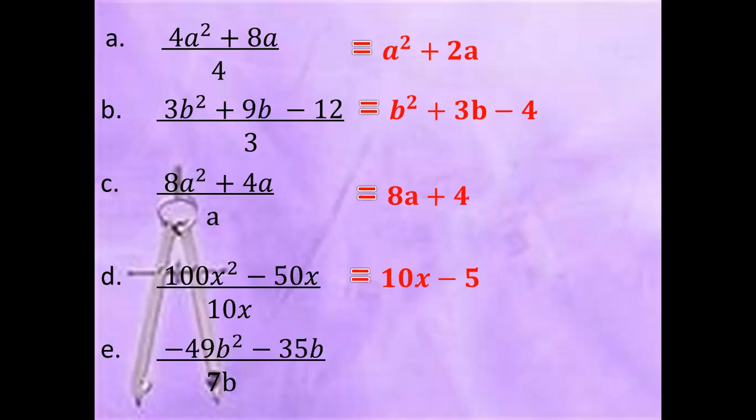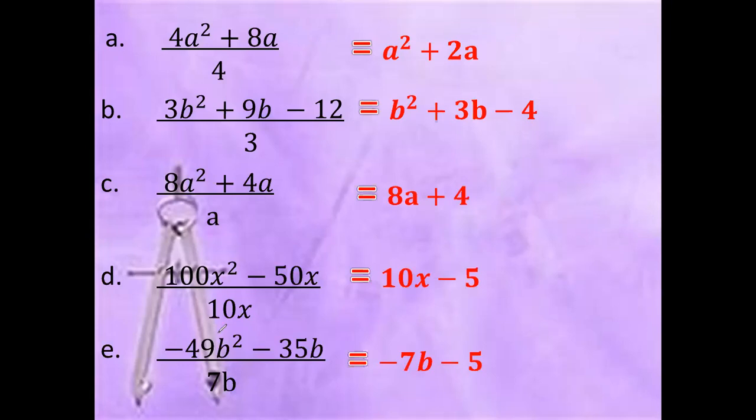All right, 35 divided by 7 equals? Okay, 5. So you have now the answer, negative 7b minus 5. That is for letter E.